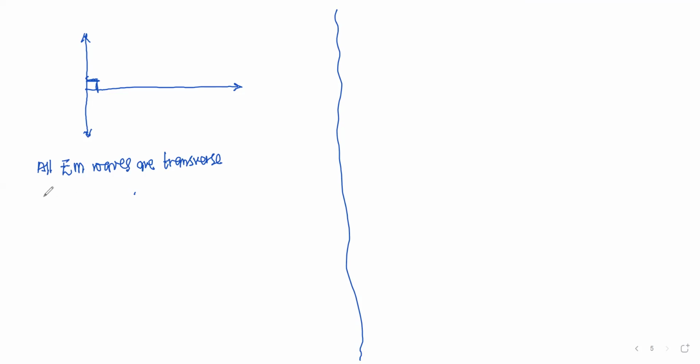Then under this classification, we have wave on a rope. Earthquake or seismic wave is also.